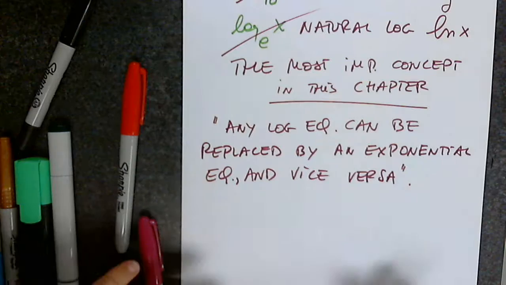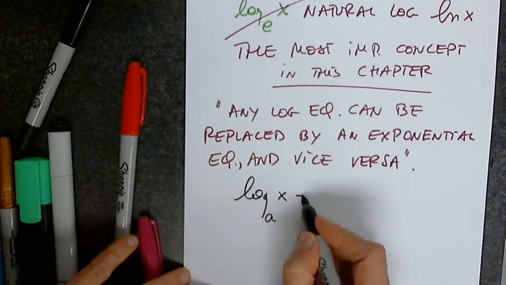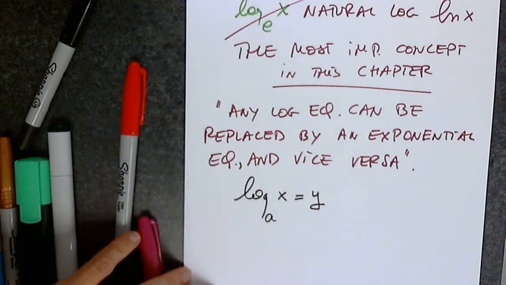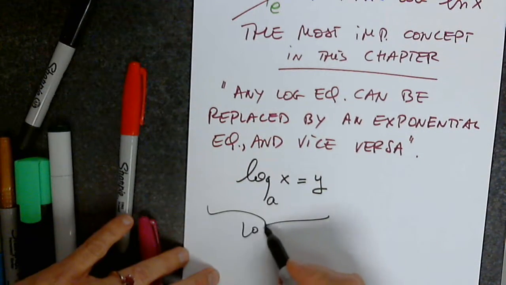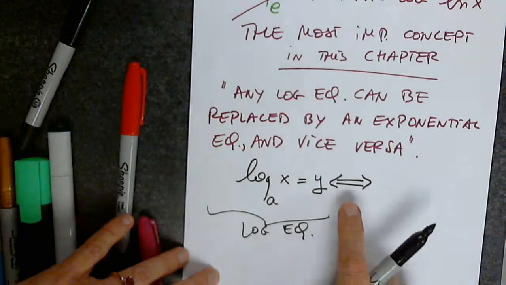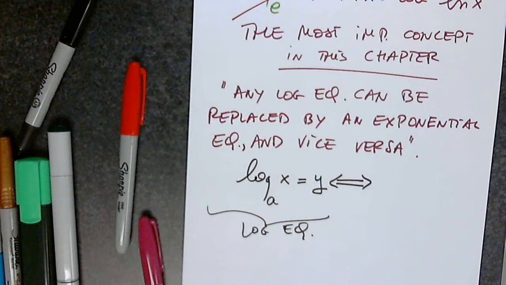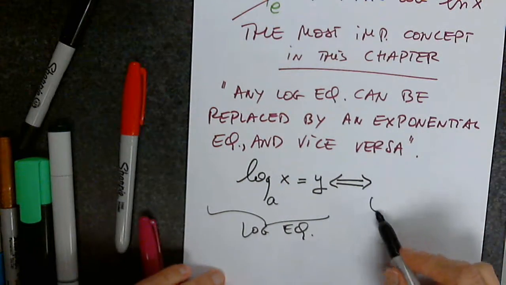So, here's a log equation. Log base a of x is y. This is a log equation. This is a symbol that is called the double equivalency symbol. What does that mean? If I read from right, I can get to the left. If I read from the left, I can get to the right. It goes both ways. So this will be an exponential equation.